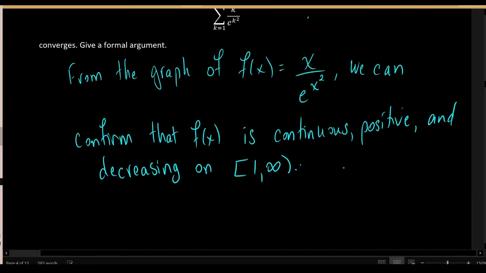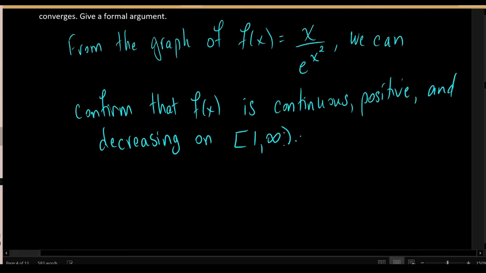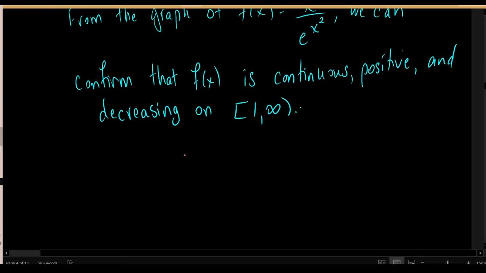For the entirety of the graph to the right of x equals 1, the function satisfies these three properties, which means that we're in the position where the integral test is starting to become unlocked.